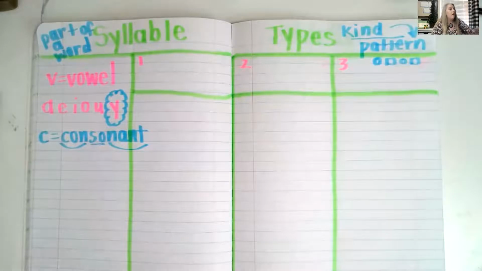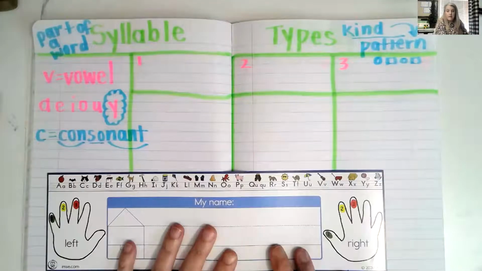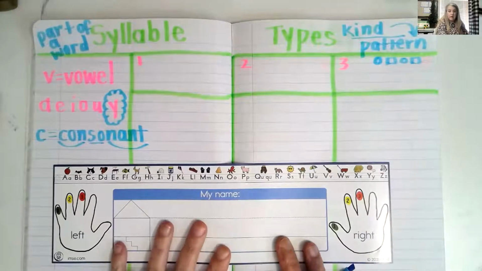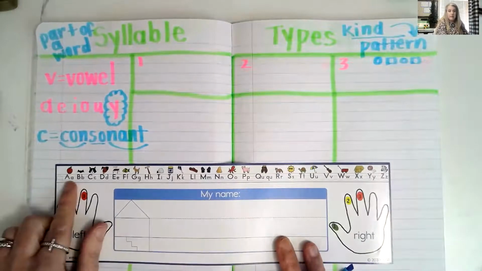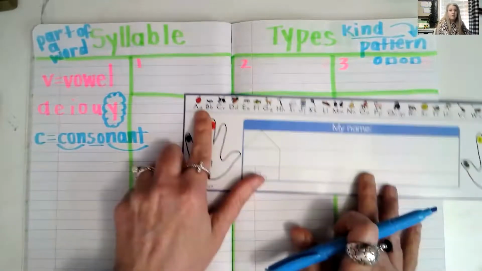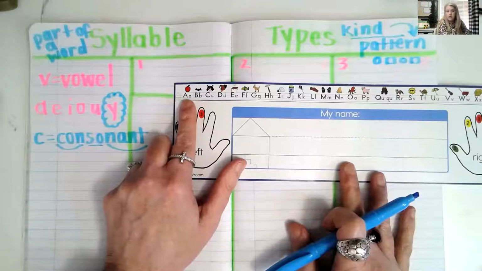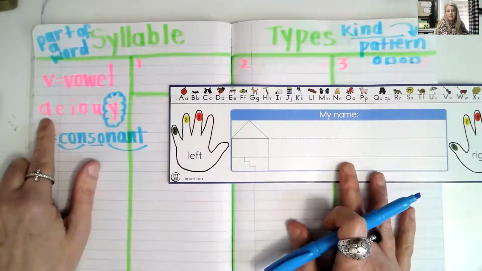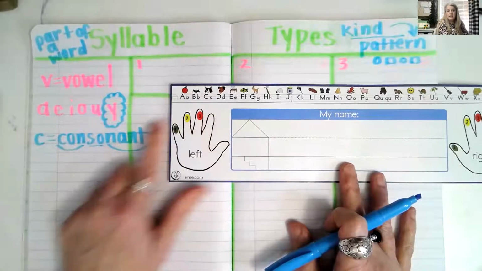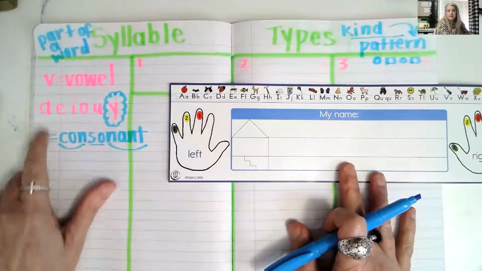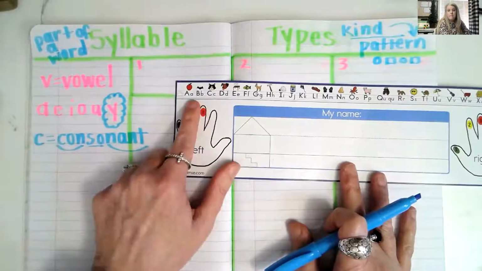Those are all those other letters in the alphabet that are not vowels. So let's look at an alphabet strip and start to name our consonants. A says A for apple, and we have it right there as a vowel. So we're not going to write it as a consonant because it's not a consonant, it's a vowel. What about B?